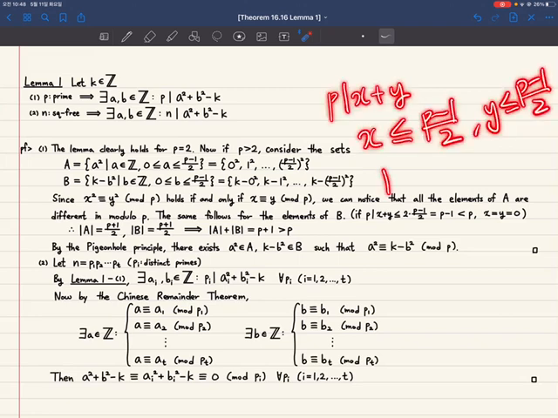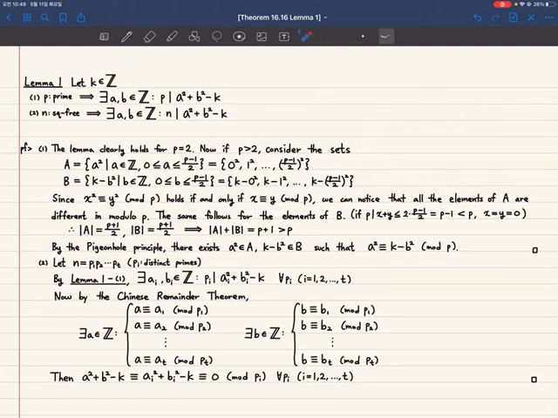So this implies that p divides x plus y, which is less than or equal to p minus 1. And this can only hold if x and y are both 0. So this also holds. So we proved the injectivity case right here.